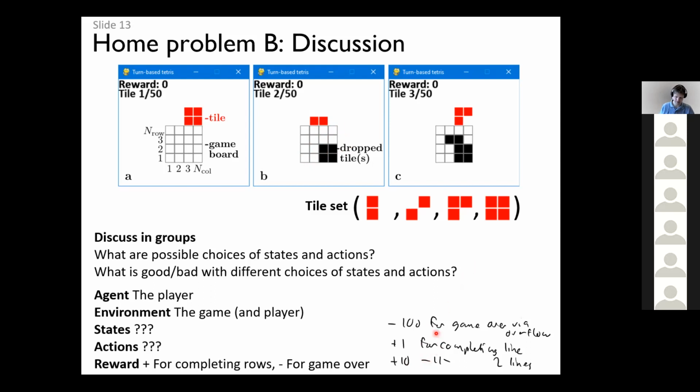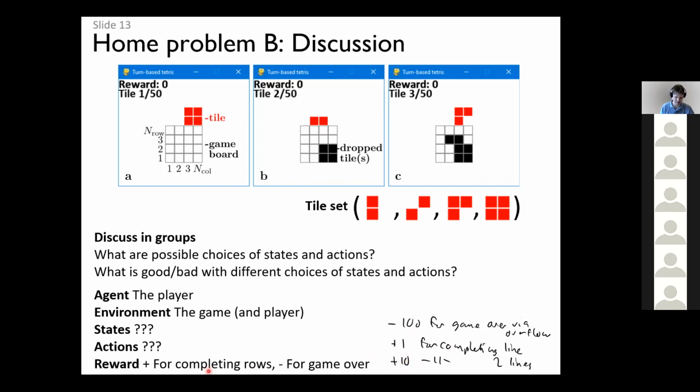So this illustrates that the reward is very important for defining which problem you solve. By just changing the reward here, we solve a different problem compared to having the reward +2.